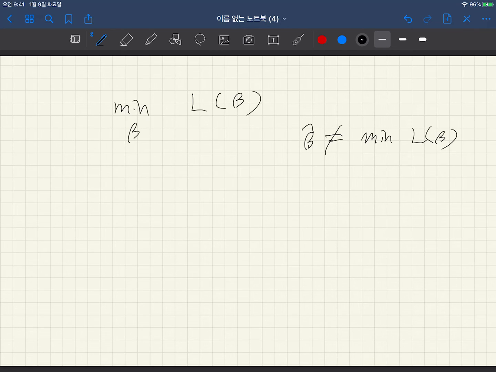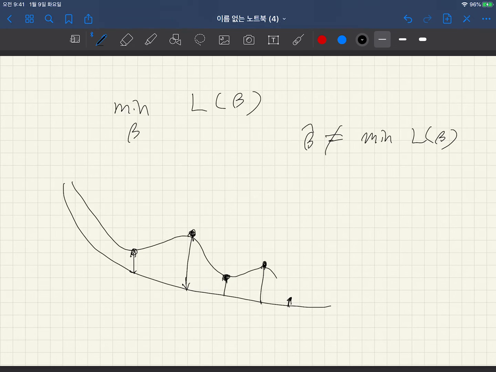So ideally, we have a monotonically decreasing training error. But because of the error, beta hat not equal to argmin of L(beta), there is some gap between the ideal training curve and the real trained training error curve.